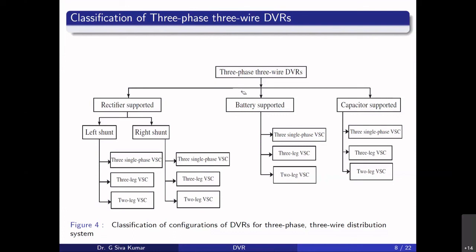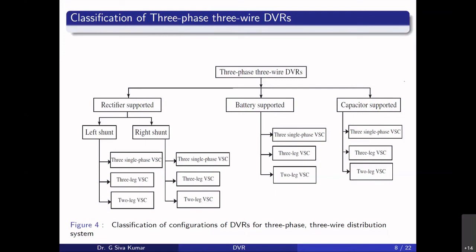what they tried to do was, because this particular device in order to correct the voltage is going to supply the real power as well as the reactive power, they tried to take the power from the source itself to maintain this capacitor voltage, and then redistribute that power to the system to correct the PCC voltage.